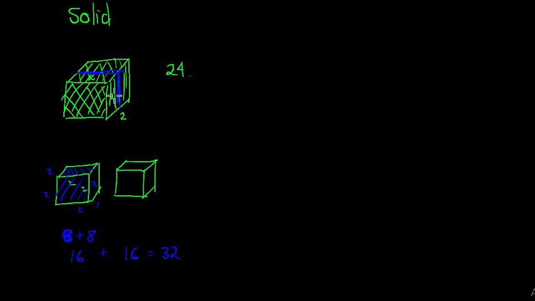So the moment I cut this thing in half, I'm exposing more of the thing. Where I cut, those two sides that now exist because I cut this solid in half never used to be part of the surface.